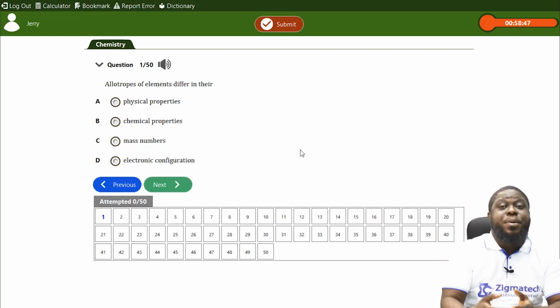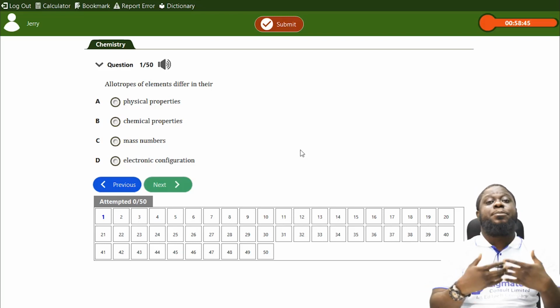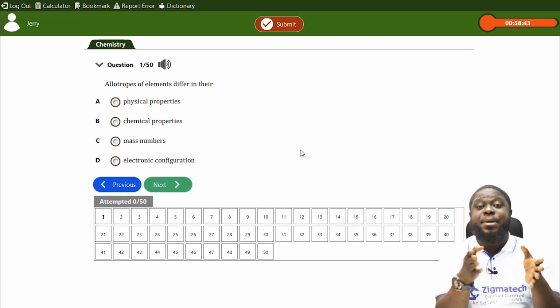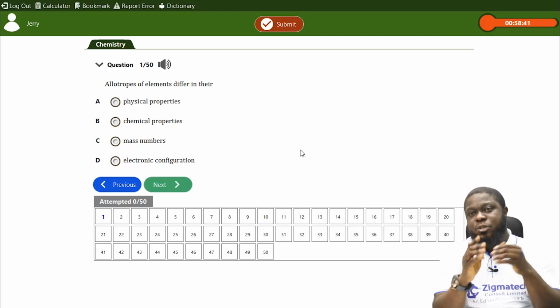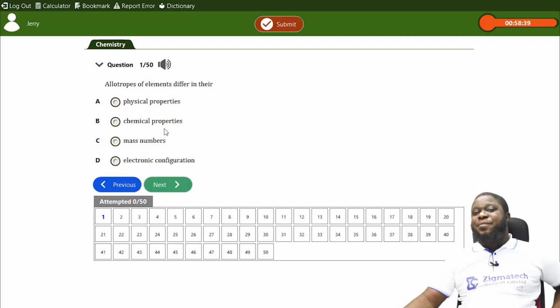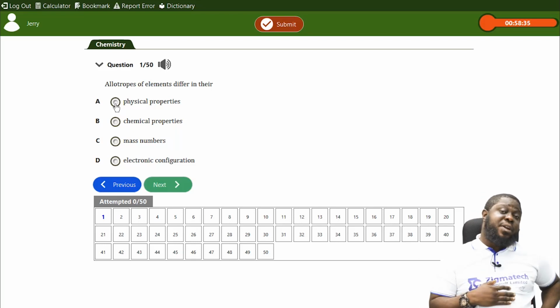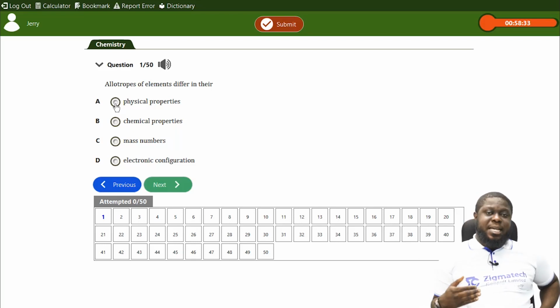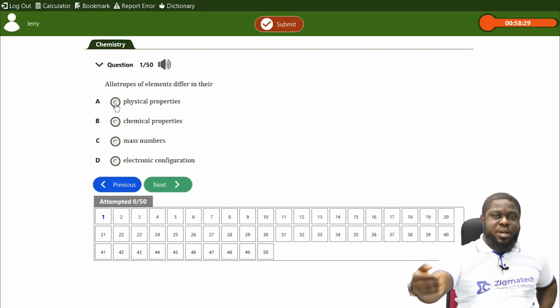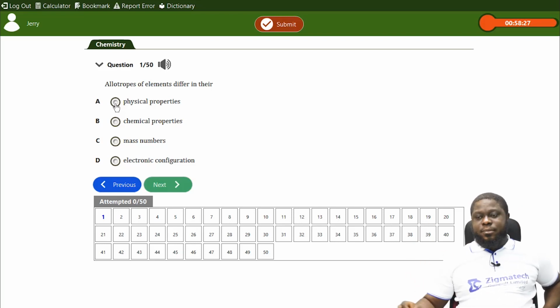It must be different because it exists in two or more. So the answer there is that they differ in their physical properties. Oxygen is a gas, that's its physical property, and it changes to a liquid when it reacts with water. So the answer there is physical property.